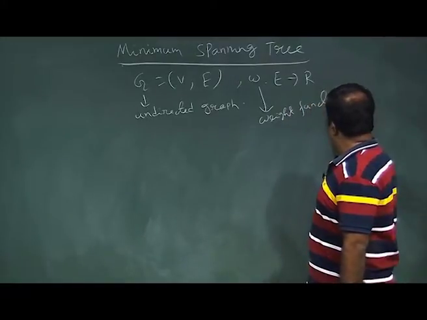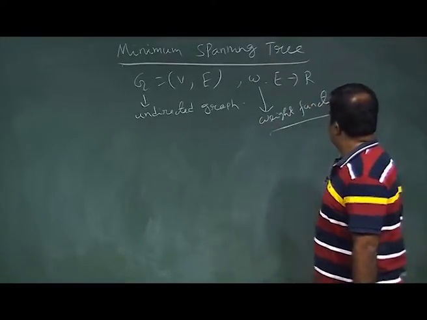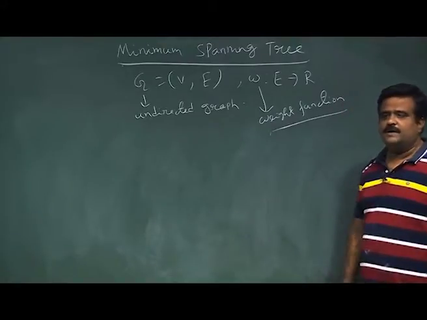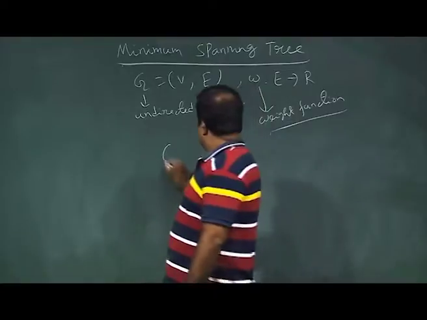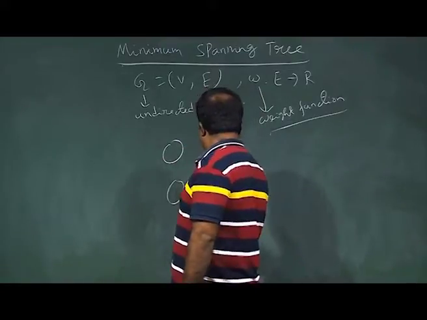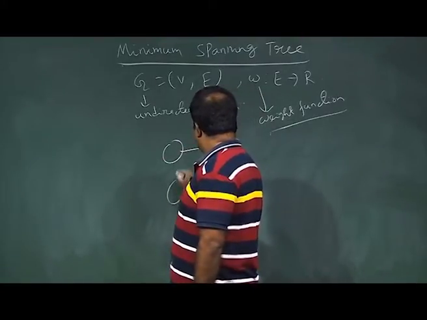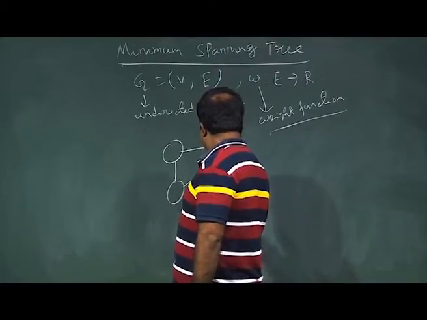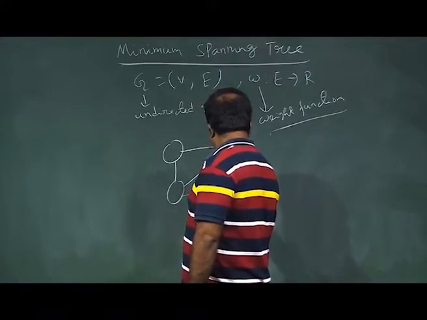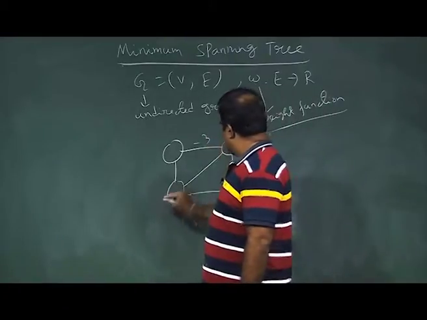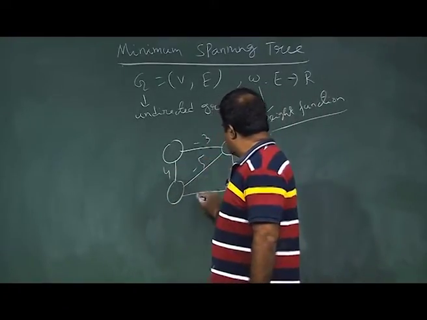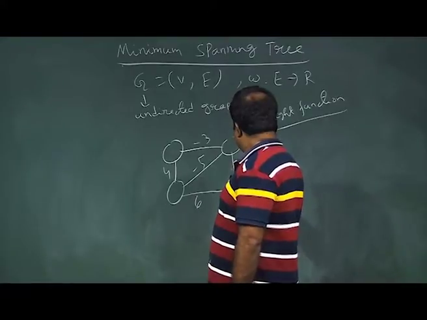So we have an edge weight. For example, suppose you have a graph like this, and we have some weights over here: -3, 4, -5, 6, -2, say.